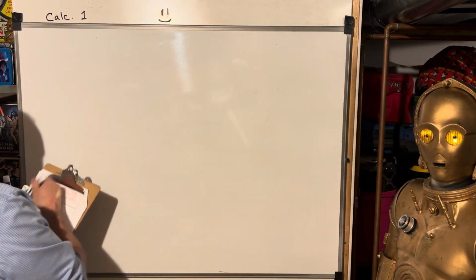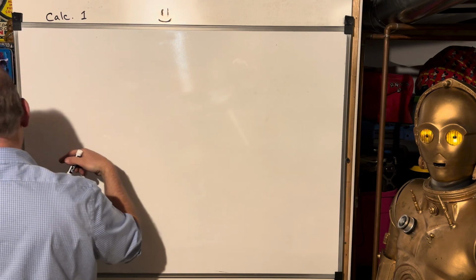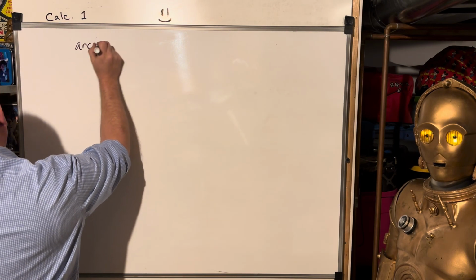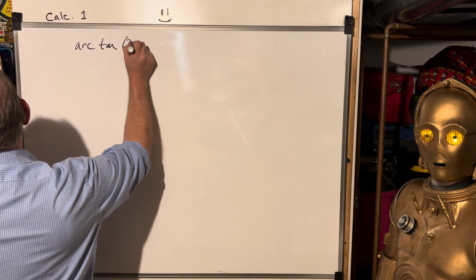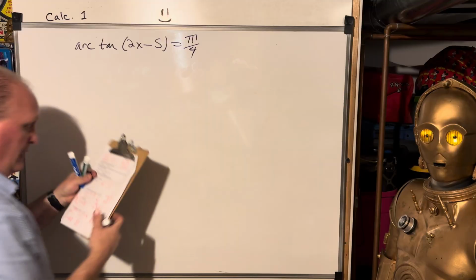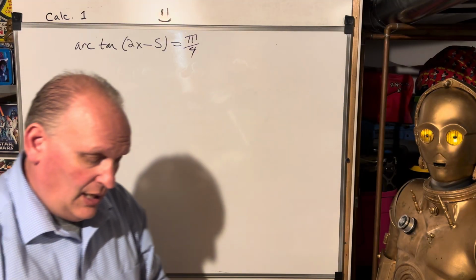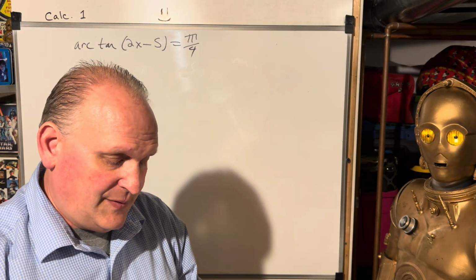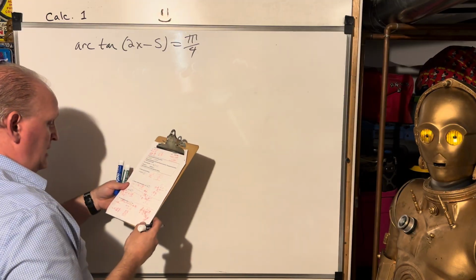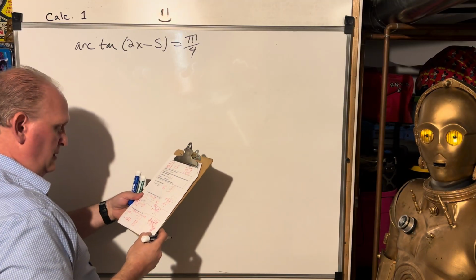This chapter 2, 3, 4, 5, and 6, just take all of this for granted that you are very familiar with all of the things I am reviewing right now. All right, so let's take a look. We got 2x minus 5. Oh, the arctangent of 2x minus 5 equals pi over 4.